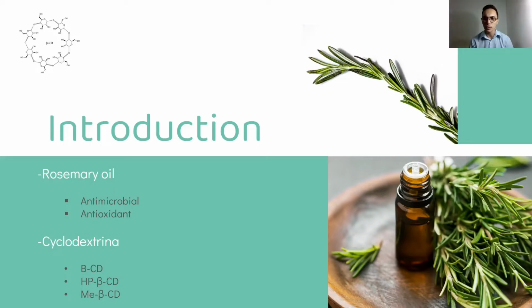This article researches and studies three kinds of cyclodextrin: beta-cyclodextrin, hydroxypropyl beta-cyclodextrin, and methyl beta-cyclodextrin, and sees what the difference is in antimicrobial activity and antioxidant activity. That is the introduction and what the article plans to do.